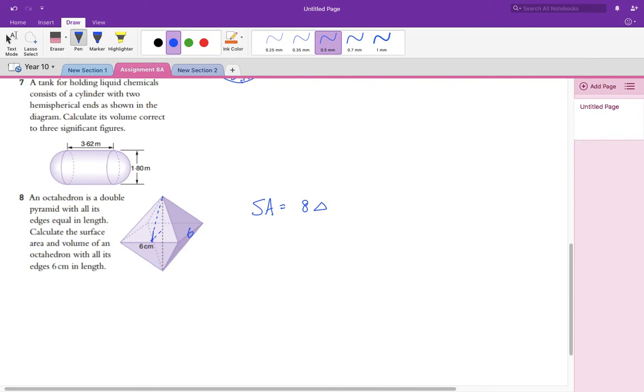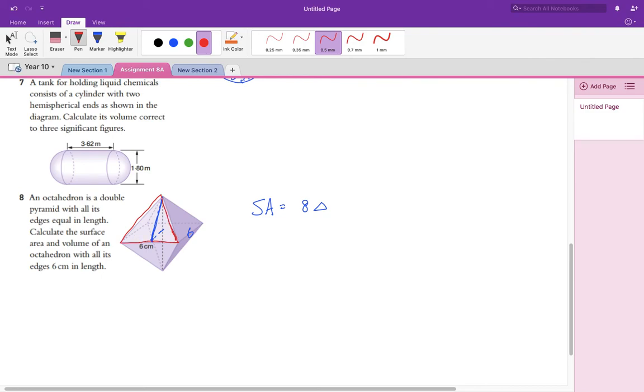But you can't really find it out without any other information, right? It tells you the edges are equal in length. All the edges are equal in length. So if I'm just looking at one triangle here, if all the edges are equal in length, that means these sides are all equal.